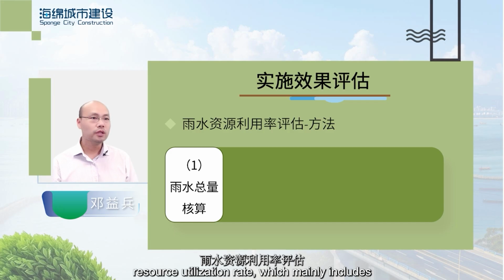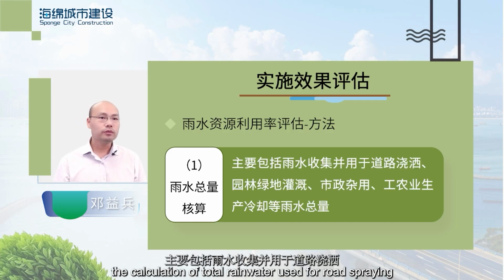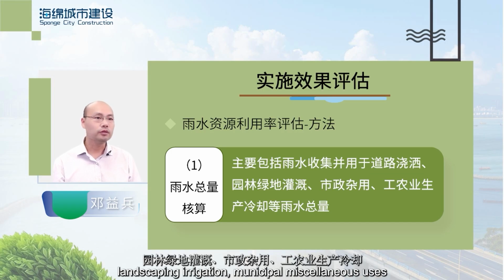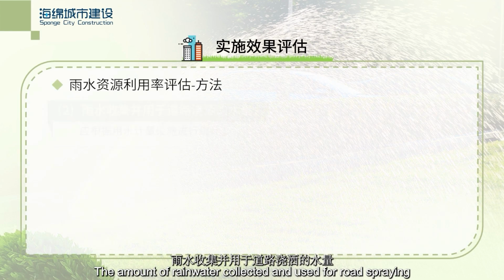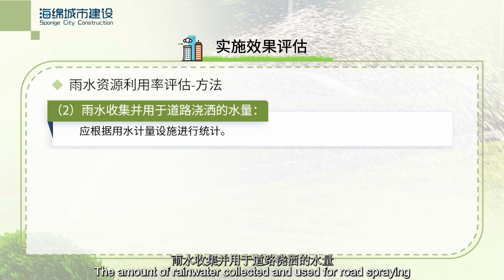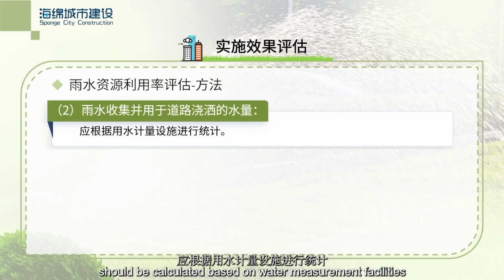Resource utilization rate mainly includes the calculation of total rainwater used for road spraying, landscaping, irrigation, municipal miscellaneous uses, and industrial and agricultural production cooling. The amount of rainwater collected and used for road spraying should be calculated based on water measurement facilities.